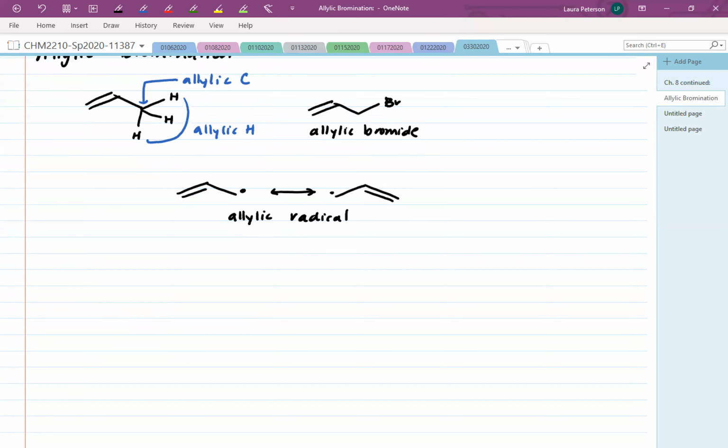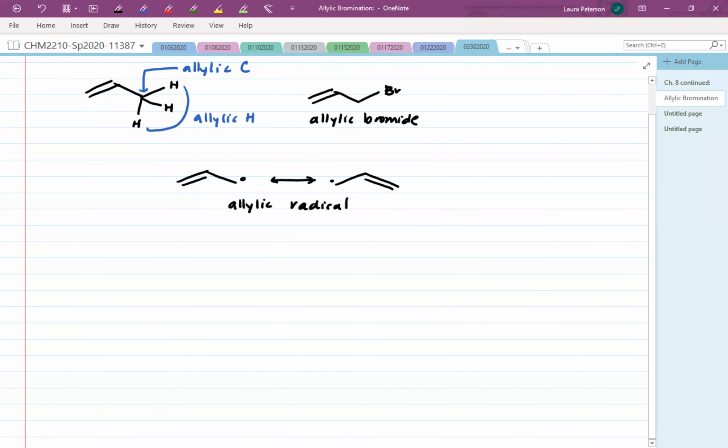So how do we do allylic bromination? The allylic bromination conditions look like this. Generally, we'll take our molecule that has an alkene and has an allylic carbon-hydrogen bond that can be reacted, and we are going to react it with something called NBS. As it's a free radical reaction, we need heat or light, so delta or h nu.